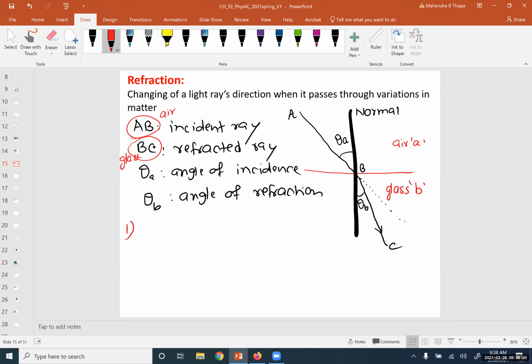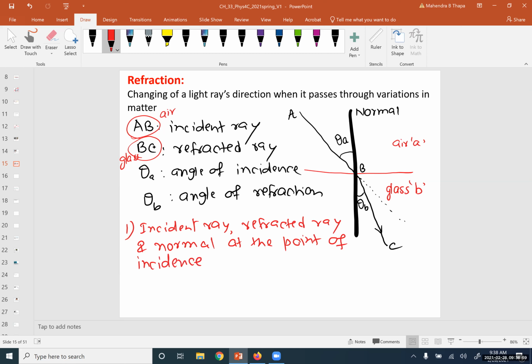We can state like this: the incident ray, the refracted ray and the normal at the point of incidence all lie in the same plane. Okay, in this case, they all lie in the plane of paper.